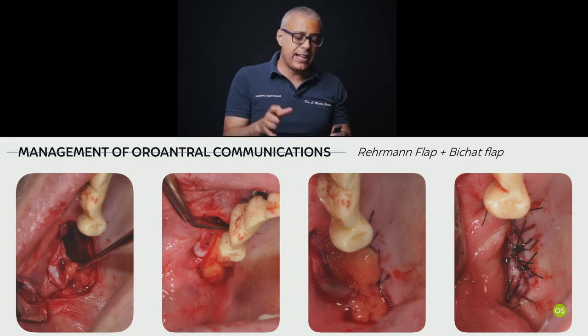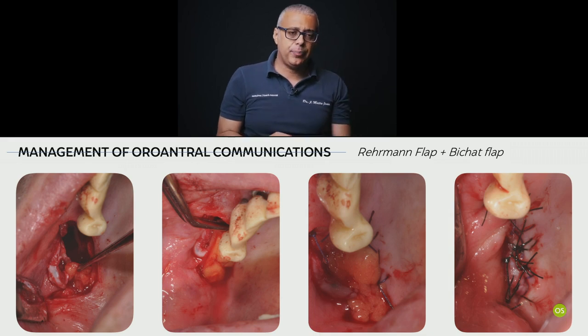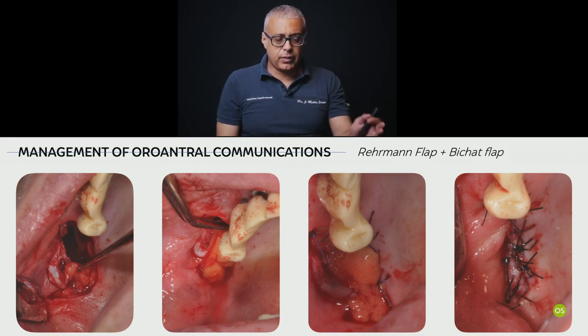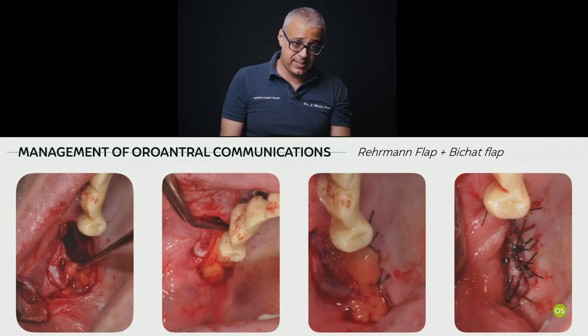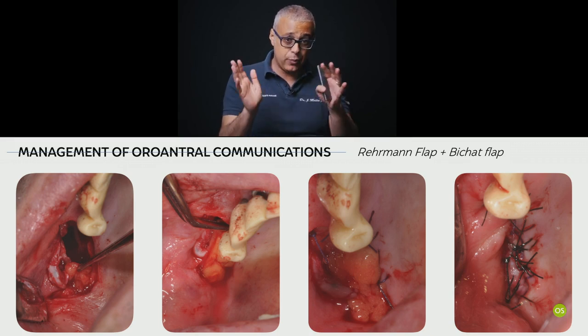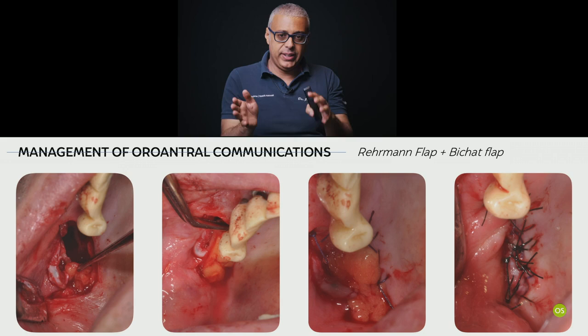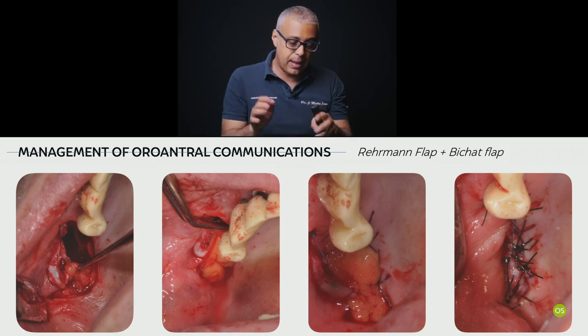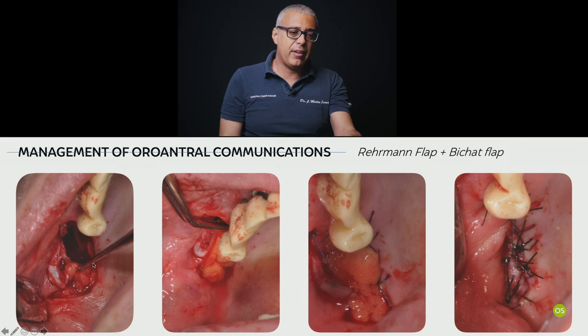We can see it better here in a major communication that occurred after some teeth were extracted in the upper maxilla, and we decided to do a Rehrmann flap associated with a Bichat fatty pad flap. We see in the first image that we have the fatty pad that has been found in the anatomical area.